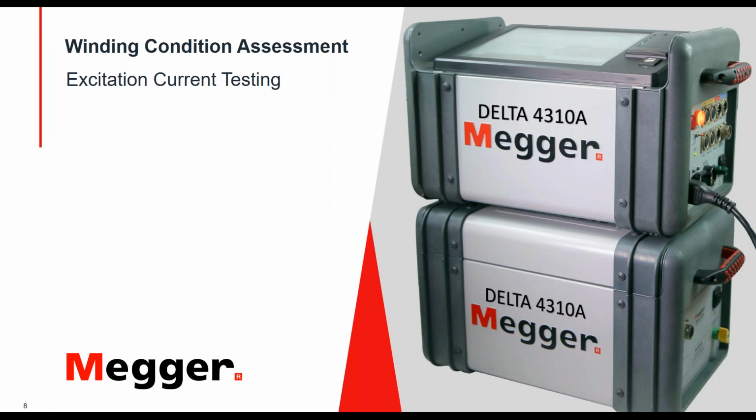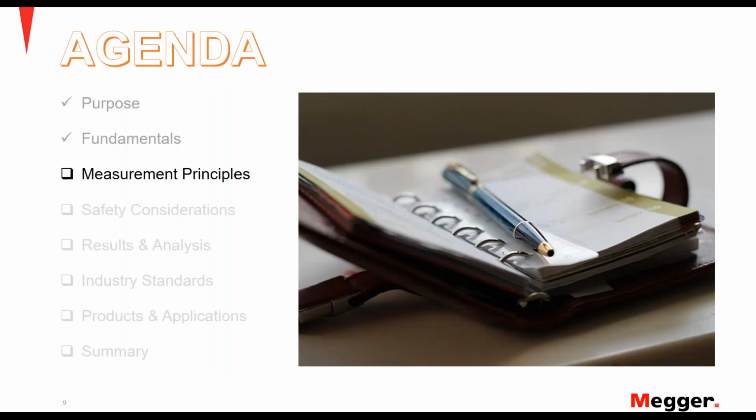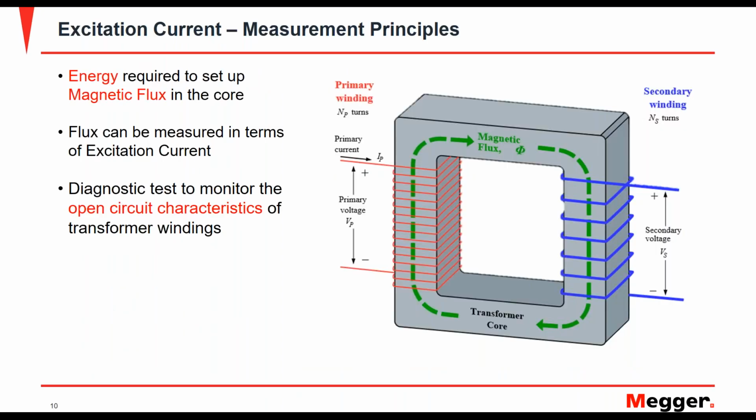So now I'm going to start discussing the excitation current testing section of this seminar. Let's understand the measurement principles involved in the excitation current test. The idea of a transformer is that you energize the primary winding and you get a voltage at the secondary side.